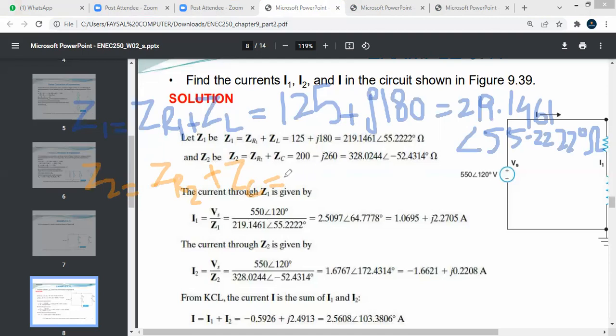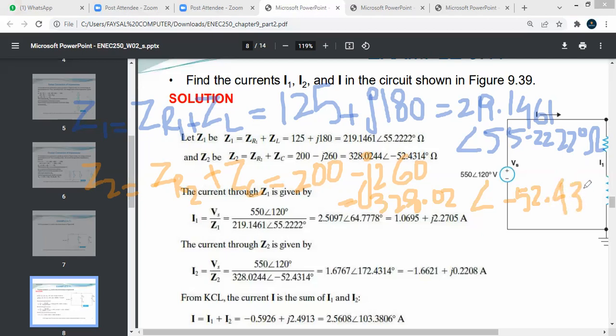So the sum of ZR2 and ZC will be equal to 200 minus j, that's my polar function, with 260, and this value will be equal to 328.02 with the angle minus 52.4314 degree ohm.